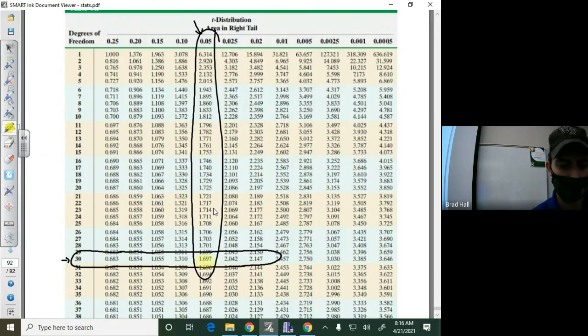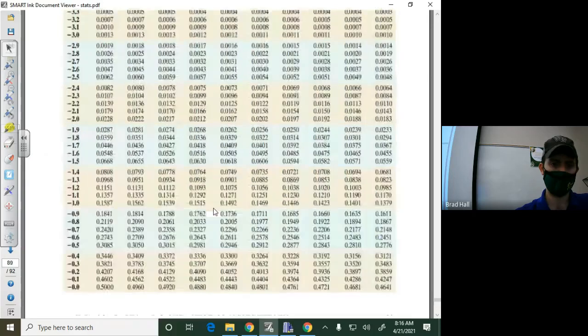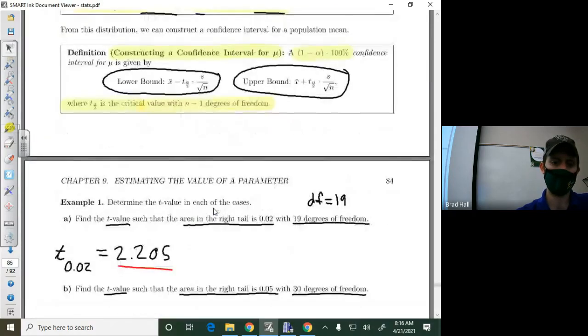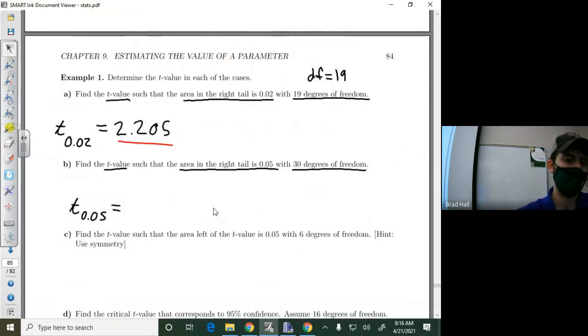And we seem to get 1.697. So that's it, 1.697. Okay, so that starts off pretty easily so far, I think.